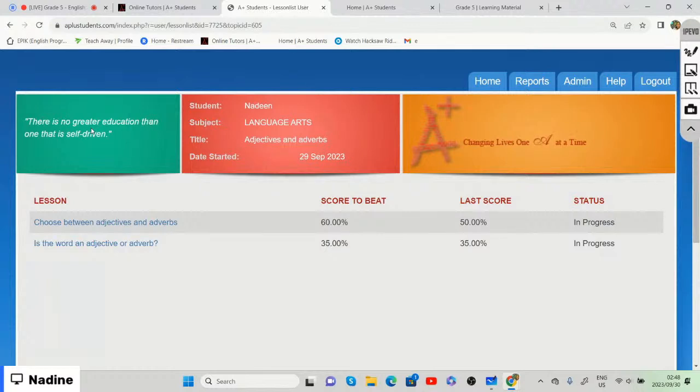Adverbs often tell us how, when, and where. Most times, the adverbs that tell us how end in ly, for example, quickly, hurriedly, reasonably, remarkably.